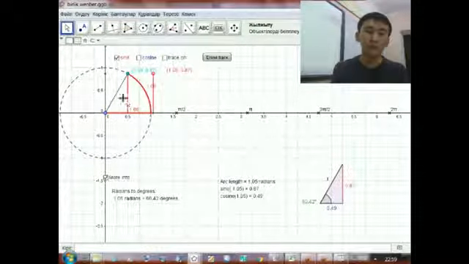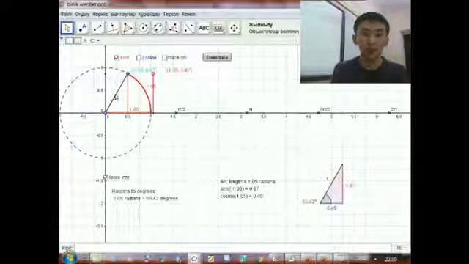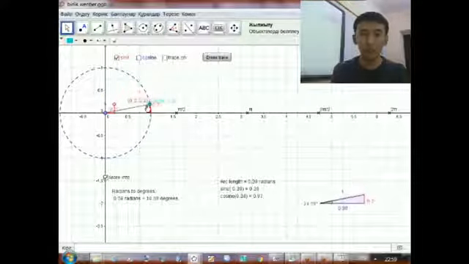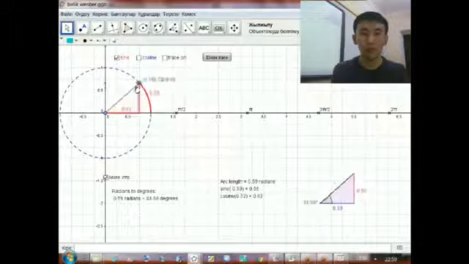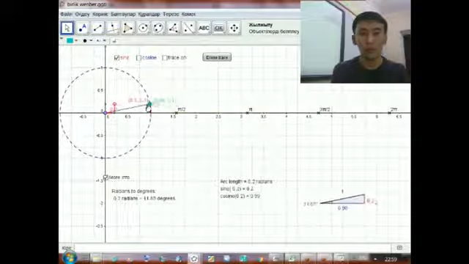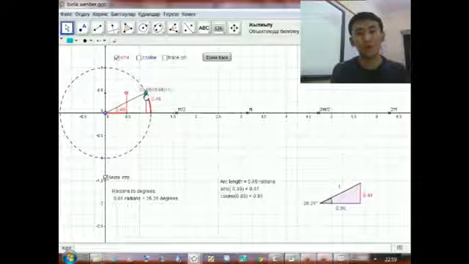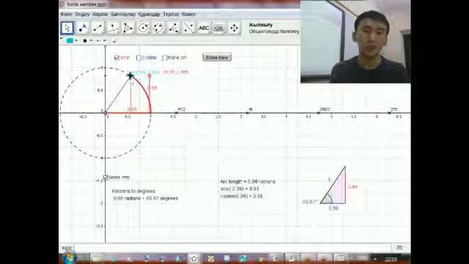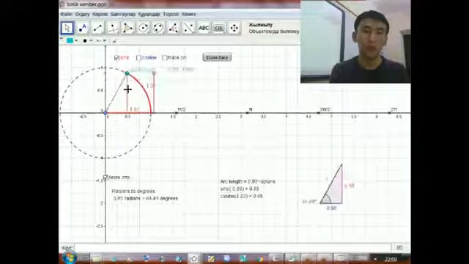As the hypotenuse is equal to 1, the value of the sine is just the length of this line segment. As we increase the angle, the length of this line segment is increasing.